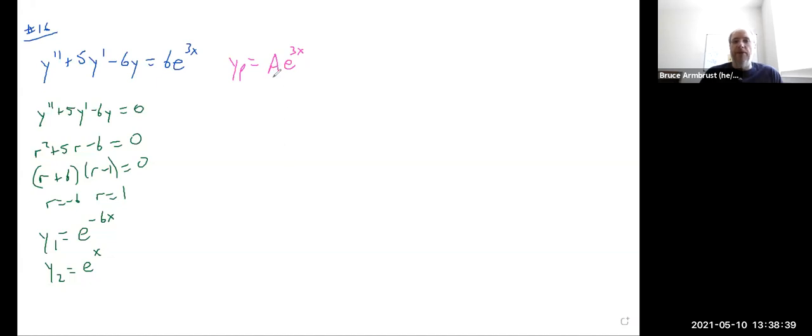And the goal is to find out what that a is that would make this true. So I want to real quick just check this e to the 3x against my fundamental set. It's not in there. They're different exponentials than e to the 3x, so we're good to go there. All right, so any questions at this point? We good to go?